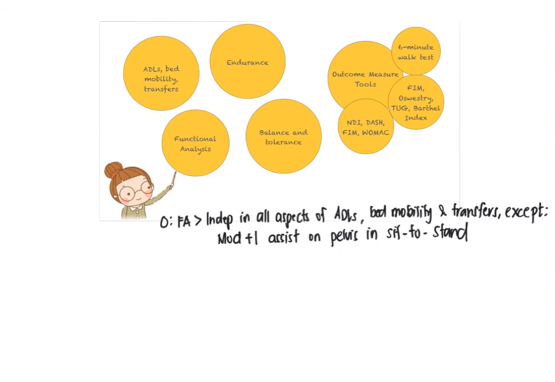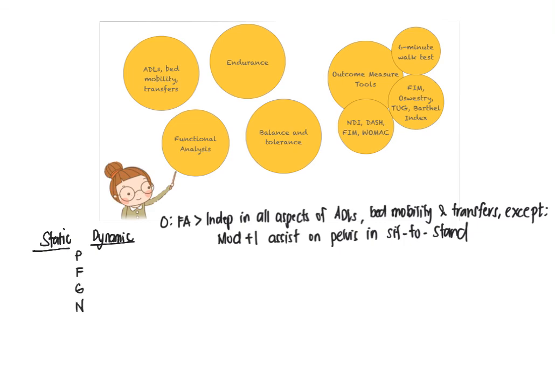How about balance and tolerance? So for balance and tolerance, you have grading, no? So for balance, you have both static and dynamic balance. Okay, so for both, you have poor, you have fair, okay, you have good, and you have normal.